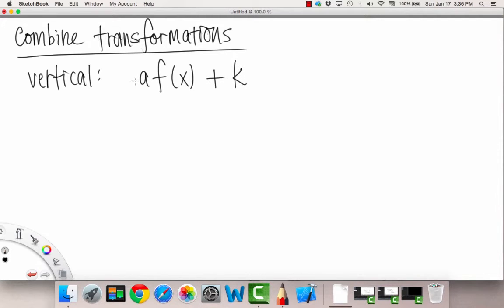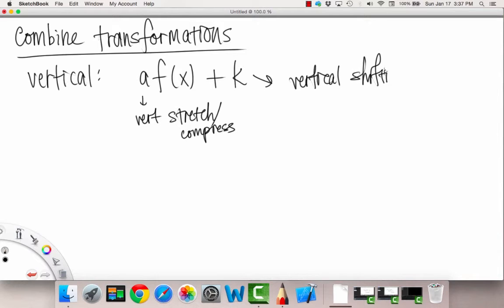So in this case, what we have going on is a vertical stretch or compression, and then we also have this vertical shifting, and this would be up or down, right? Because that's what the whole vertical thing means, okay? So the first thing you would account for is the vertical stretching or compressing, okay? And then you would account for the vertical shifting, up or down, okay?